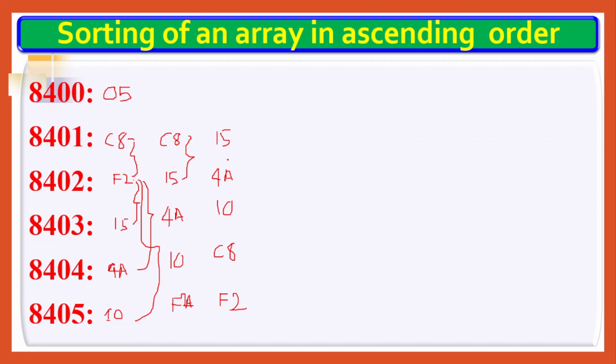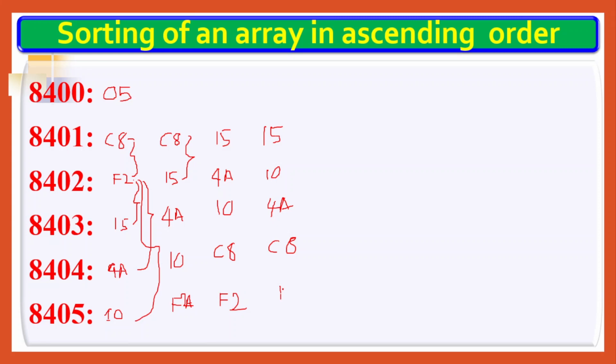Again you compare the first two elements, 15 and 4A. The smallest is 15. Then 4A and 10, 10 is the smallest. Then 4A and C8, 4A will be the smallest. Between C8 and F2, C8 will be the smallest.